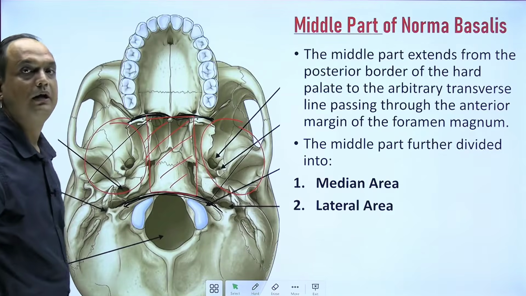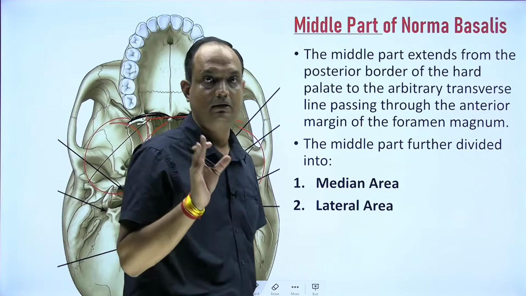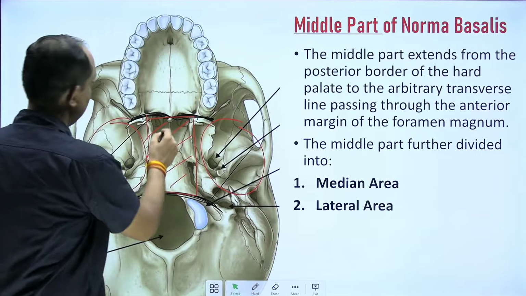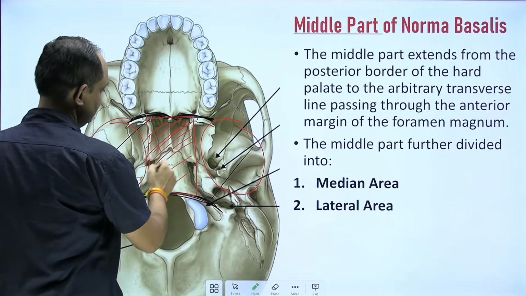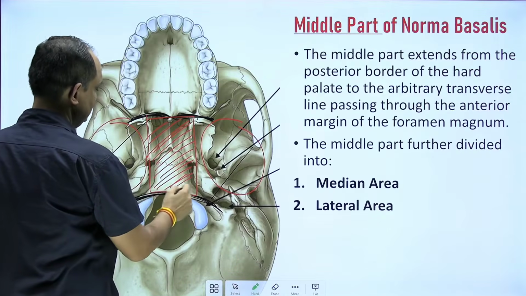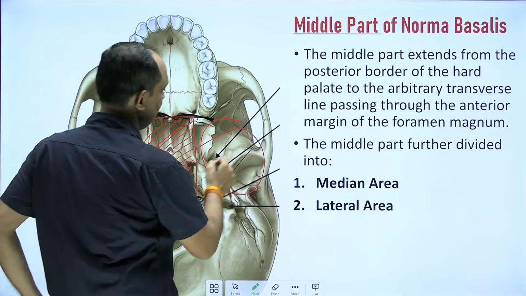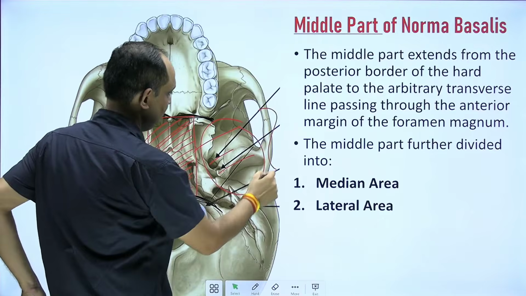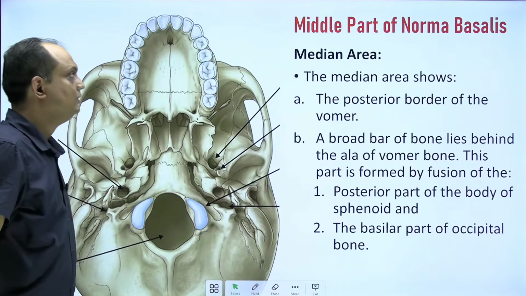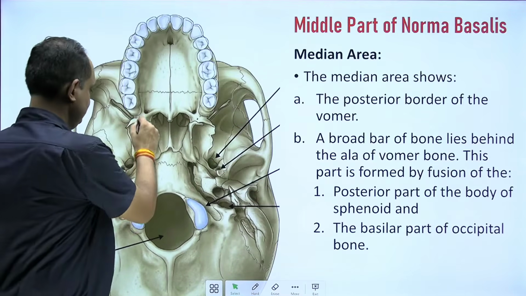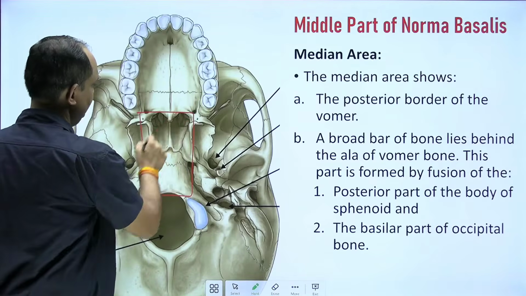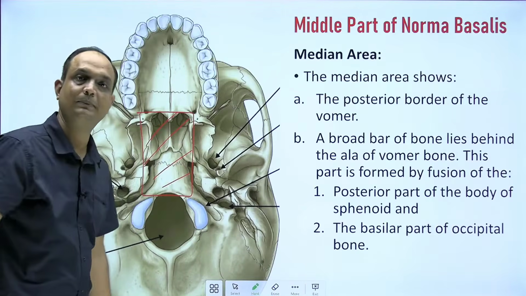Whenever you are reading the skull, you have to first read the middle features of this Norma Basalis, and then we will discuss the lateral side features of this second part of Norma Basalis. So, when you are discussing this middle area, what are the features you are going to see in Norma Basalis?